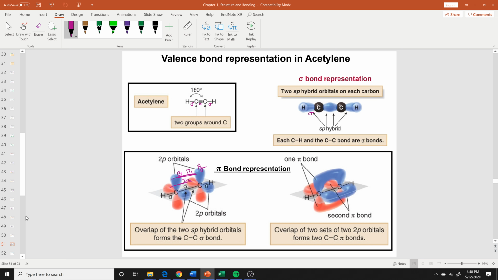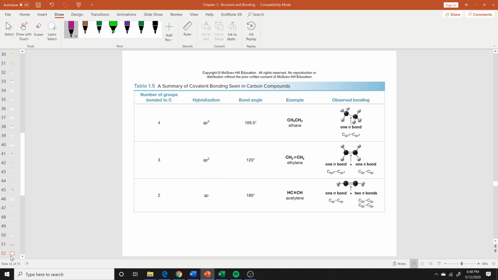So you have 3 sigma bonds in this case. Normally when we represent the valence bond representation, we separate the sigma bonds from the pi bonds just to avoid clutter in the graph. We don't show the double bonds or the triple bonds all together. We show the sigma alone and the pi alone.